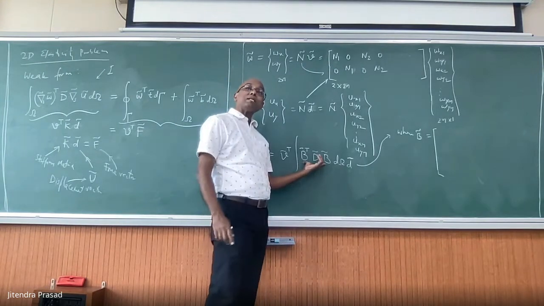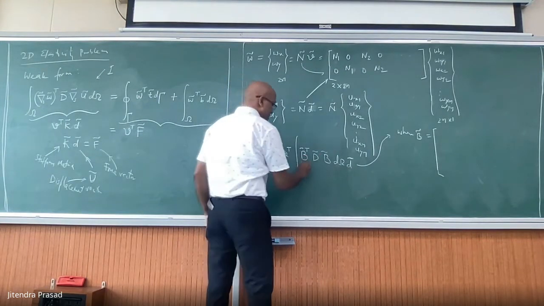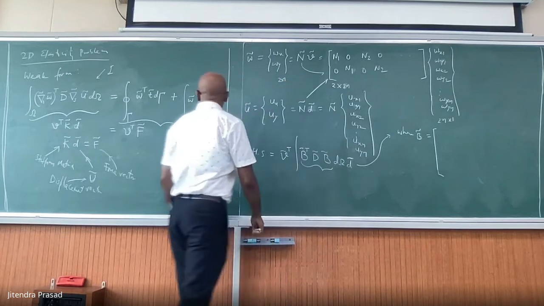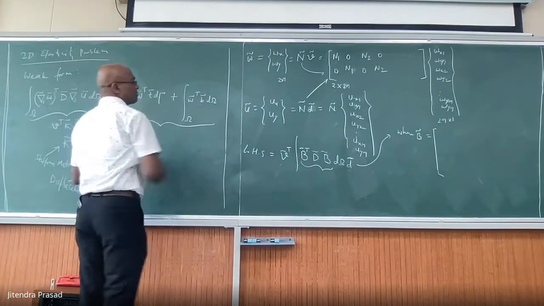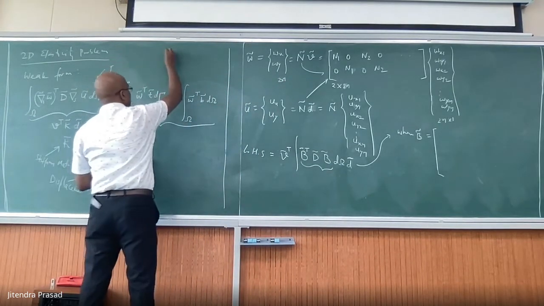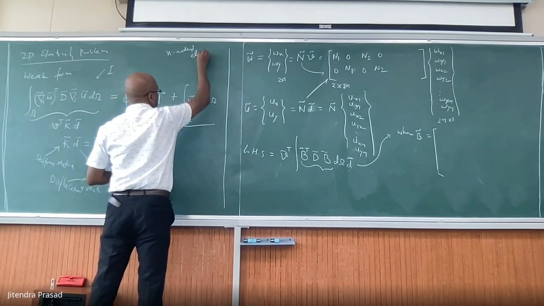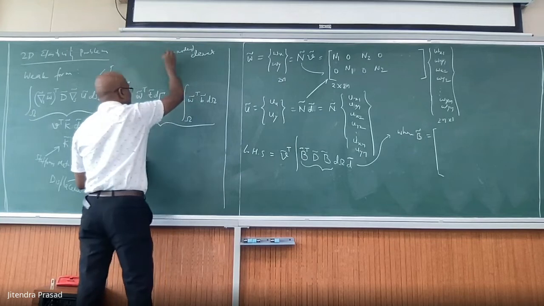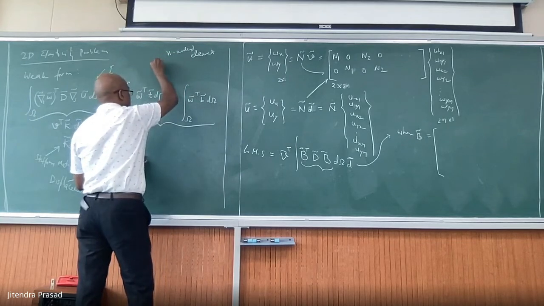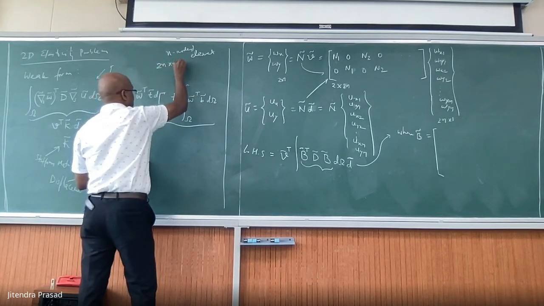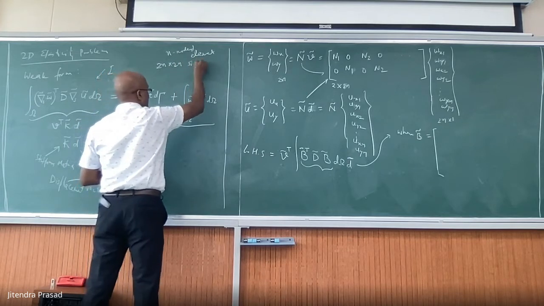again, what will be the size of the stiffness matrix? Looking at the general case, we have an n-noded element. The degree of freedom per node is 2, so the size of K is 2n by 2n.